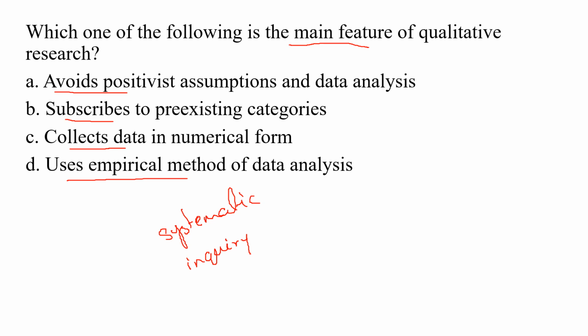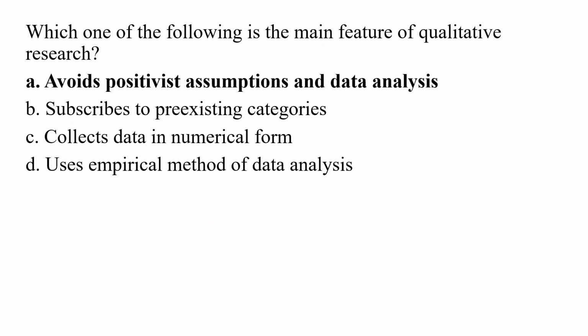The subscribe to pre-existing categories, the hypotheses are put forward about the causal relationship between the phenomena. Okay. So here the correct answer for this question is option number A, that is the main feature of qualitative research will be avoid positivistic assumption and data analysis.